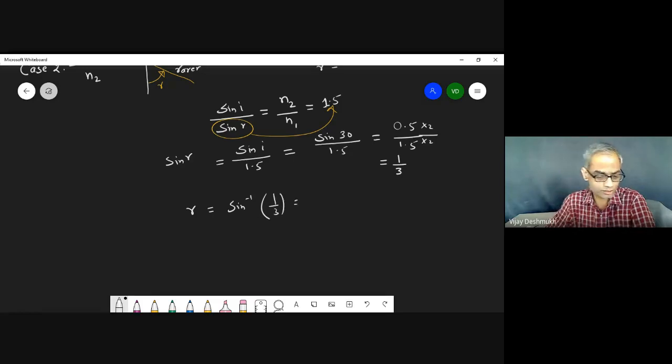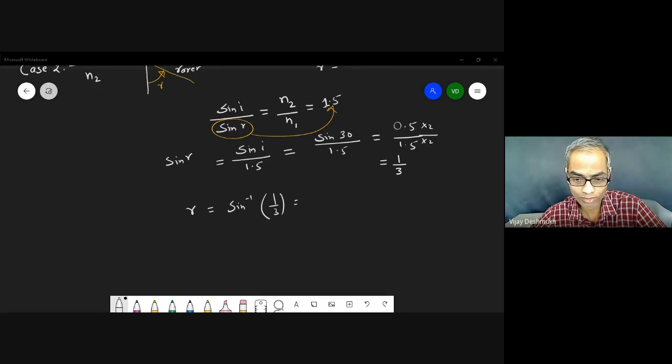How much is it? You can use Google if you don't have the calculator properly. Okay, let me use Google then. Sin inverse 1 by 3.